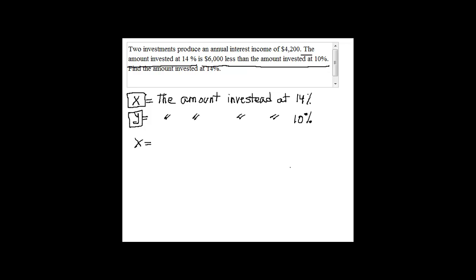The amount invested in 10% is Y. 6,000 less than that would be minus 6,000. Does that make sense? That's how you set up the first relationship.